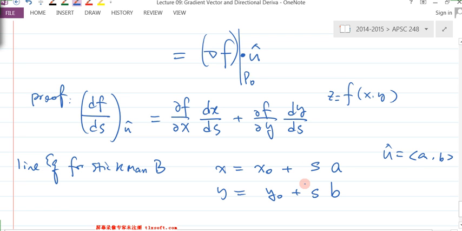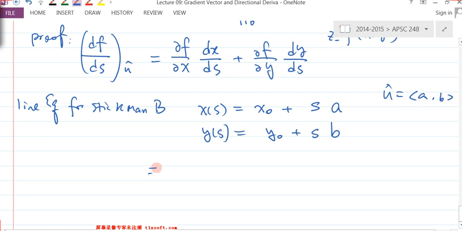So now you see, this is the trajectory for this stickman B along the direction of walking. And what we just did here is a partial derivative, and then there's a chain rule, dx over ds. The first one here, we don't know what it is, but if we have the function, we will be able to know that.